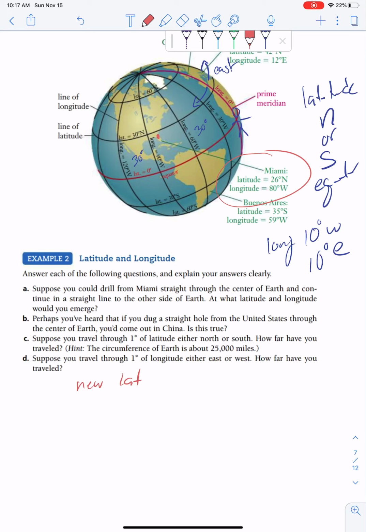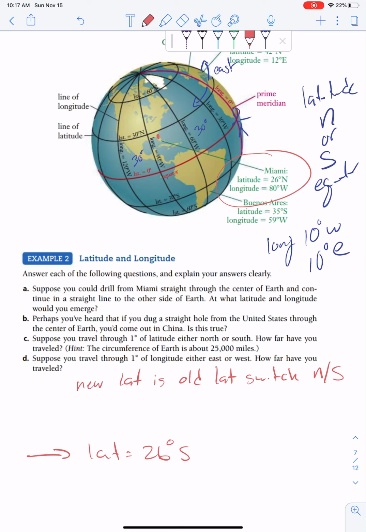Okay, if I'm going through the center of the earth, my new latitude is my old latitude, but I switch north and south. So Miami is at 26 degrees north. So if I were to go straight through the center of the earth and come out the other side, my new latitude would be 26 degrees south.